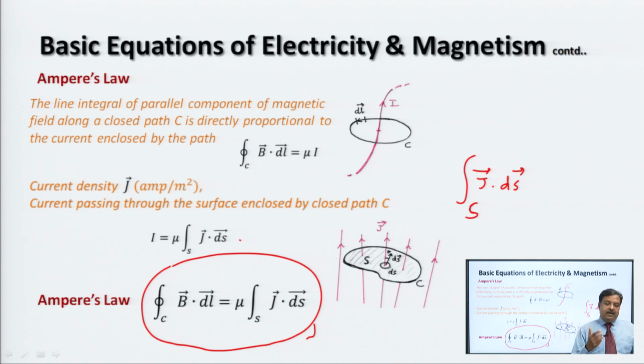Similarly, wherever epsilon has come in the equation, it is the permittivity of the medium. E represents electric field, B represents magnetic field, J represents current density, I represents current.